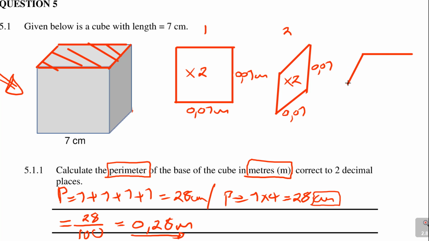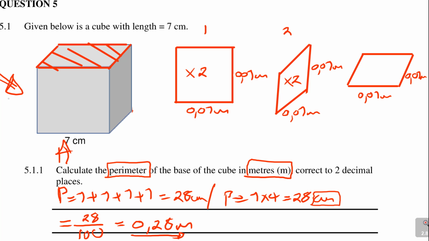It's a square, guys, it's a square. The aim is to come up with a square. Alright, but now don't forget there is another one at the bottom. Alright, so with that, again, it's 0.07 and 0.07. But remember, we are dealing with meters now.